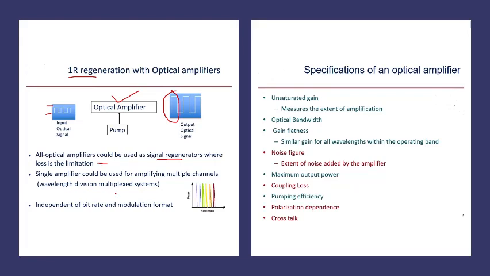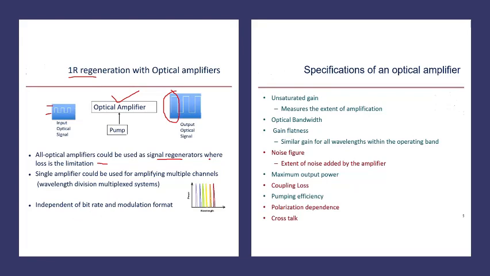So in wavelength division multiplexing, we know we have multiple channels, and all of them can be amplified at once. So this is the basic characteristic of an optical amplifier, and also it amplifies independent of bit rate and modulation rate. Even a 10G signal and a 100G signal with QPSK or BPSK modulation can be amplified at once.